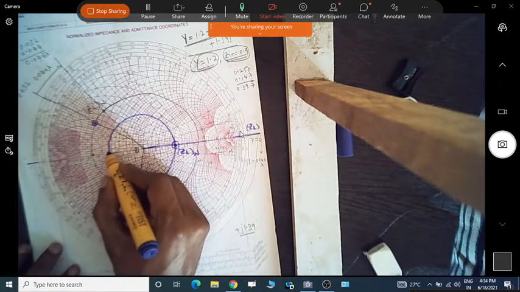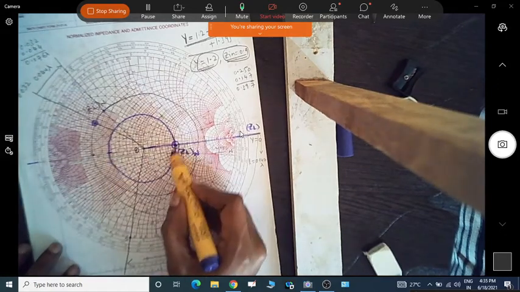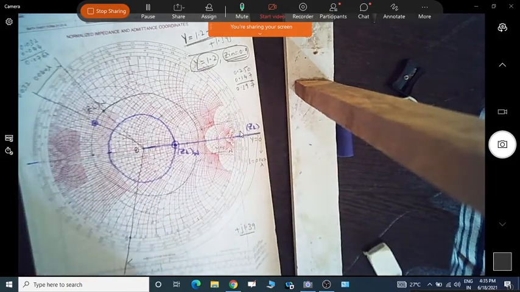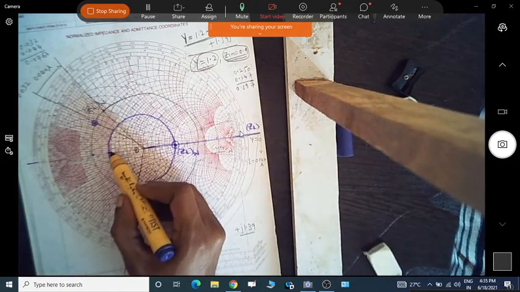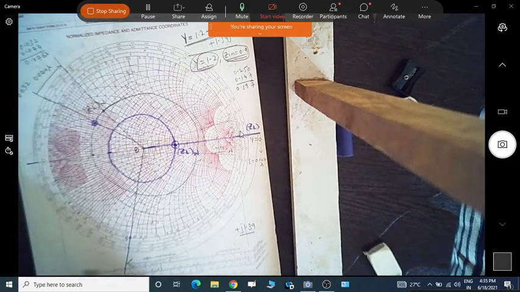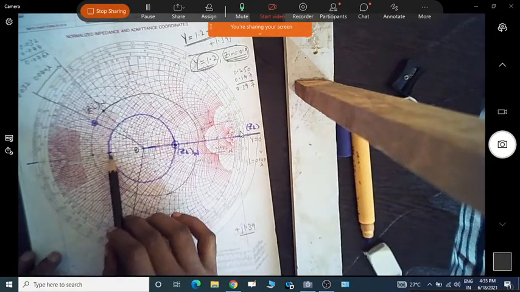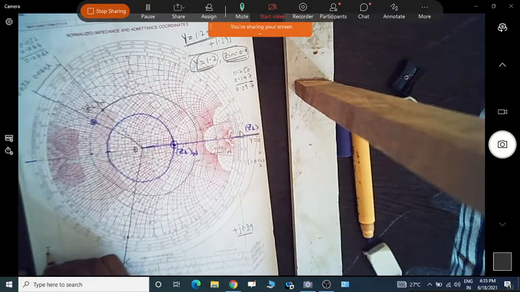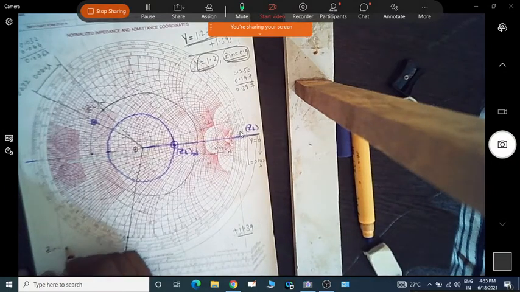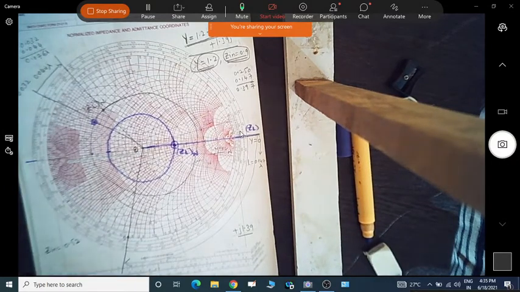At this point you can see the value of the impedance. Since the reactance is 0, the impedance value is around 0.52. Let us take the impedance at this point, which is 0.52.